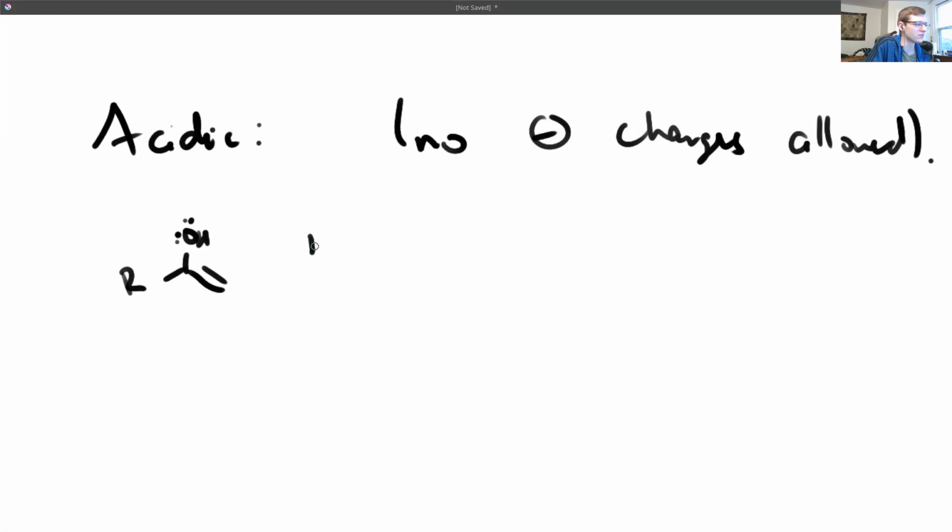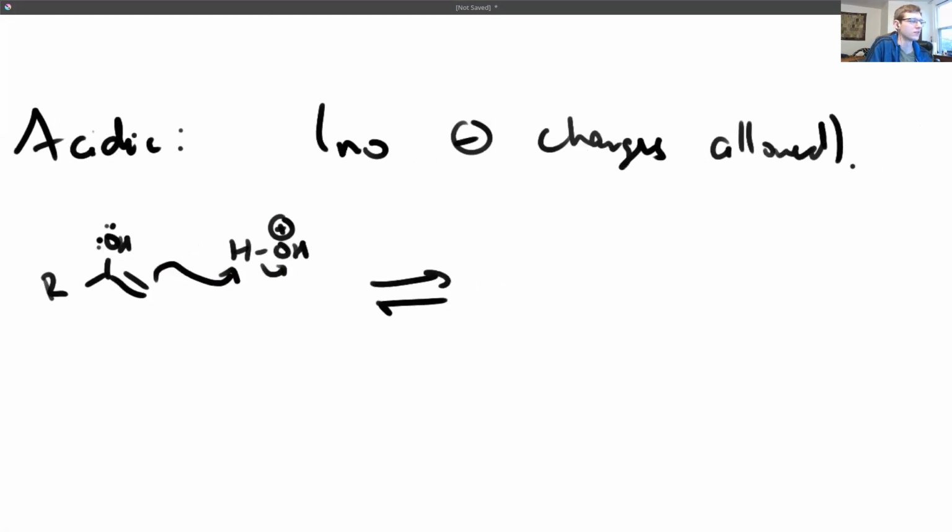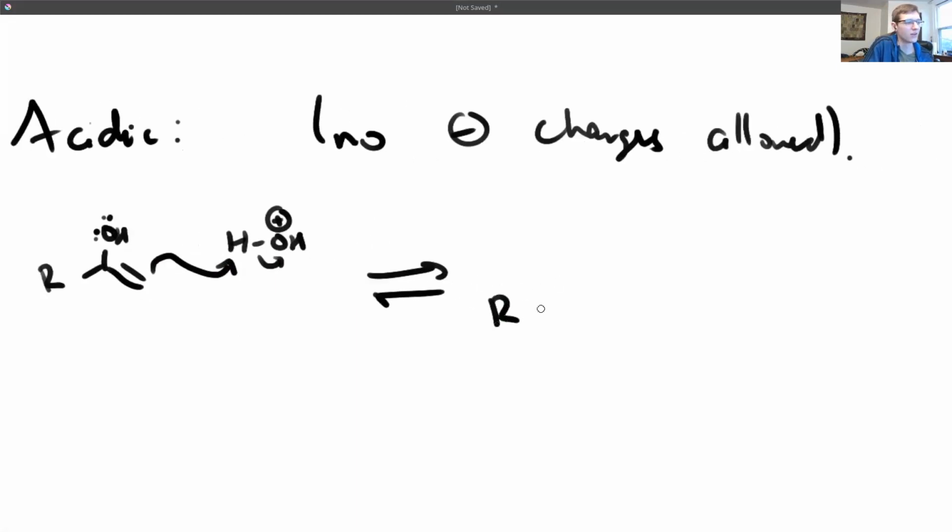So we have a bunch of acid floating around. You could assume that water is there. And so these electrons are going to come up and grab that hydrogen. This is an equilibrium again. We lost the bond here, so it's a plus charge, and we got that hydrogen.